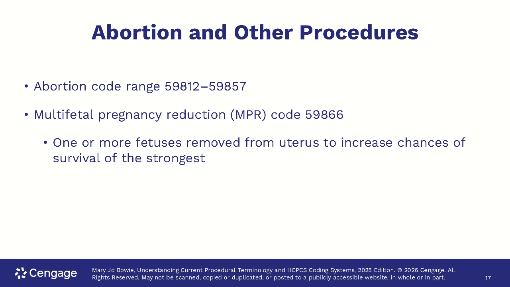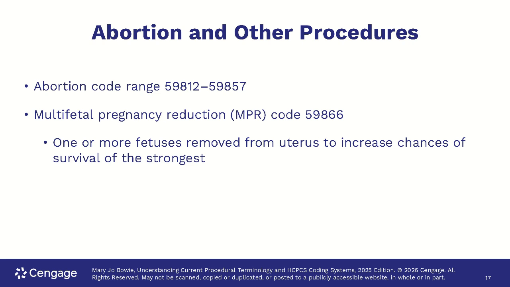All right. So, other procedures that are available under here: abortion and other procedures. I just want to be clear that in the world of medical coding, the term abortion is used to indicate that a pregnancy was ended prior to the time that a fetus reached a viable age, meaning being able to survive outside of the uterus.